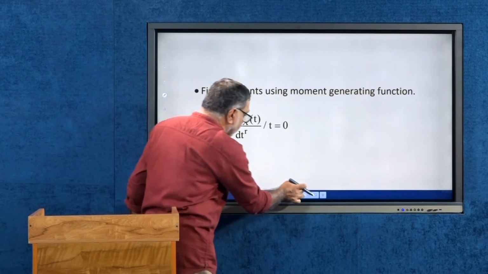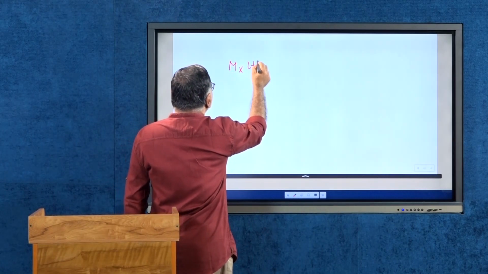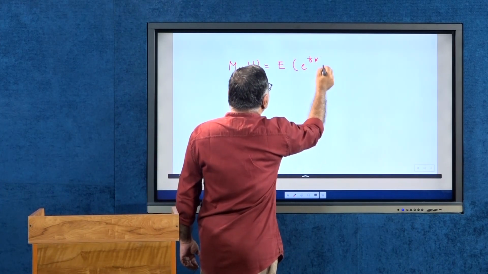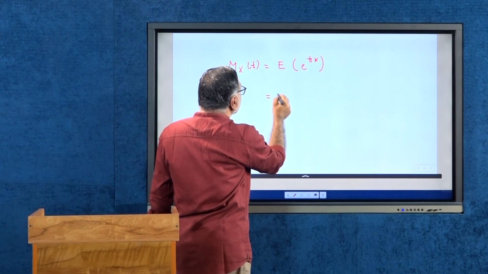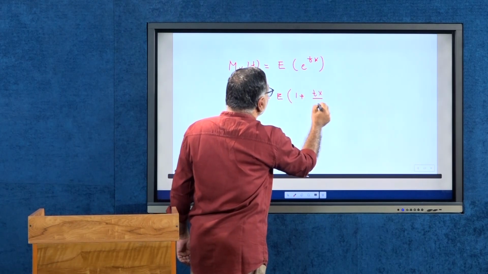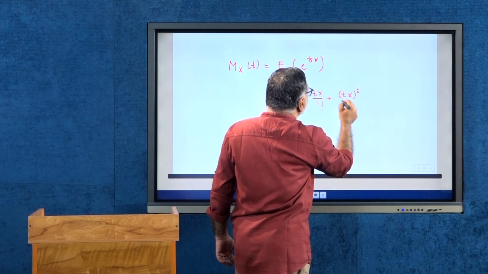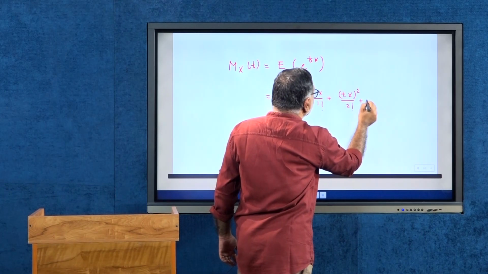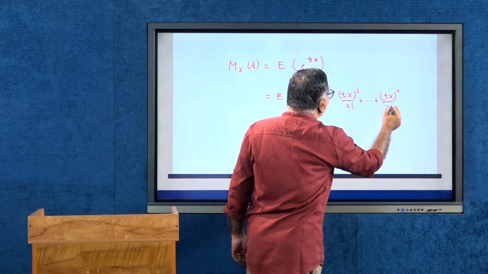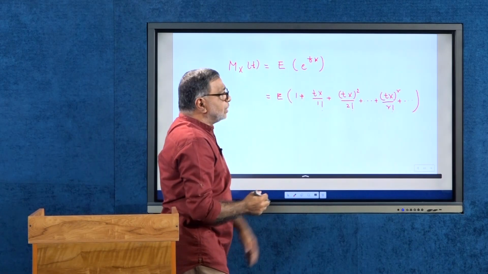That is, suppose you are given M_X(t), this is equal to the expectation of e power tX, our definition. So, this is equal to the expectation of 1 plus tX divided by 1 factorial plus (tX) square divided by 2 factorial plus etc., (tX) power r divided by r factorial plus etc., using the expansion of e power tX.